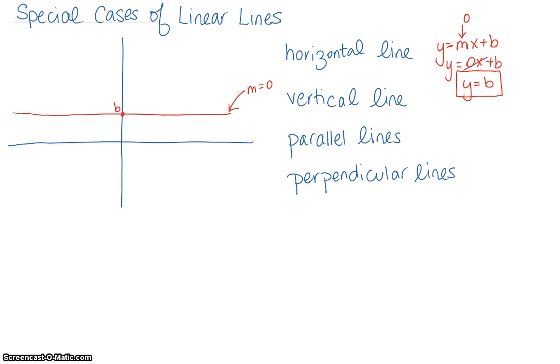Now vertical lines, on the other hand, have an undefined slope, which technically means your m is equal to something over 0. So it's undefined, and that leaves a bit of a problem in this whole scenario.